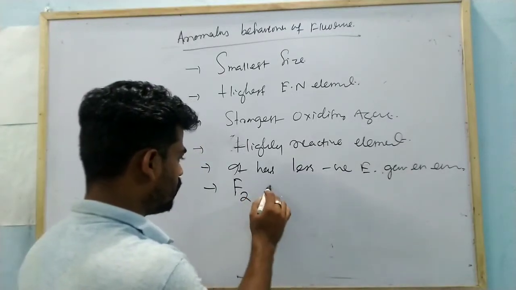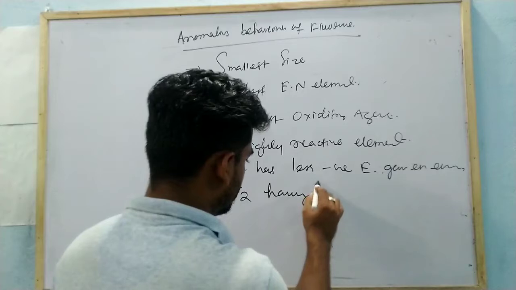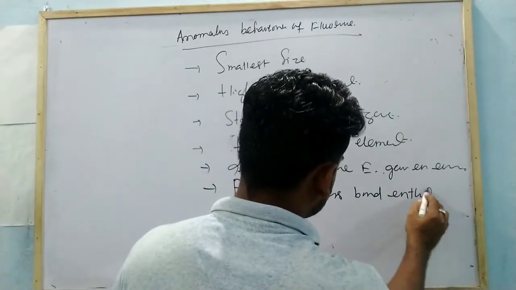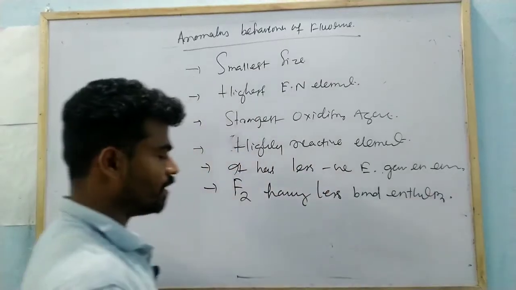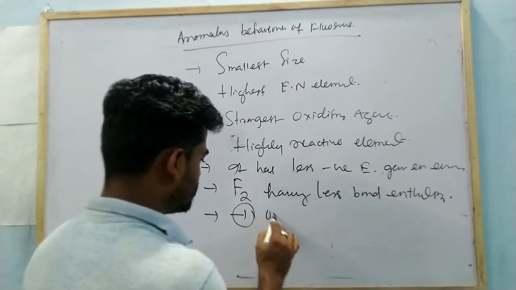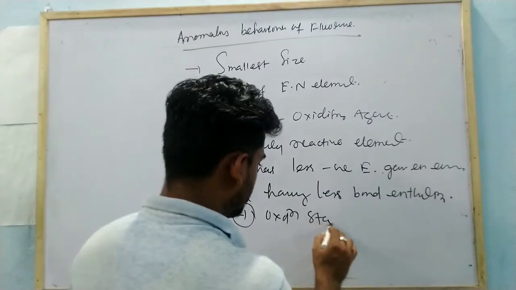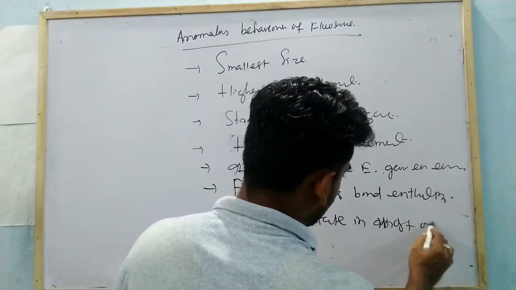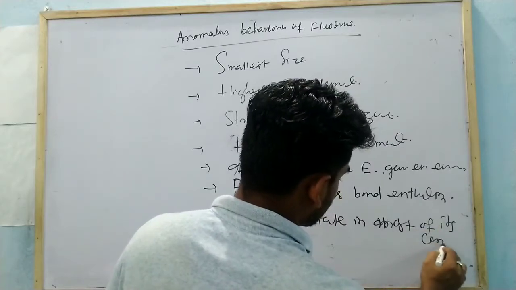The F2 molecule has less bond enthalpy, and it exhibits the -1 oxidation state in most of its compounds.